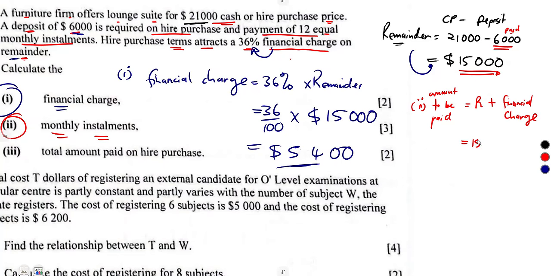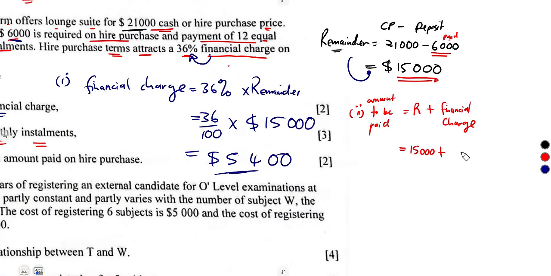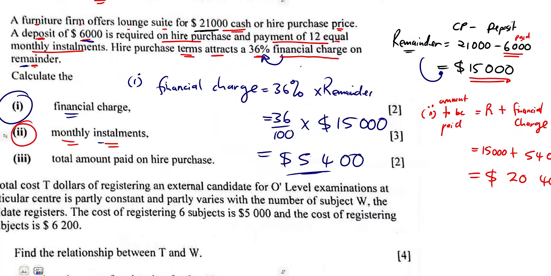Our remainder is 15,000 and our financial charge is 5,400. So this gives us the total amount to be paid, which is 20,400.